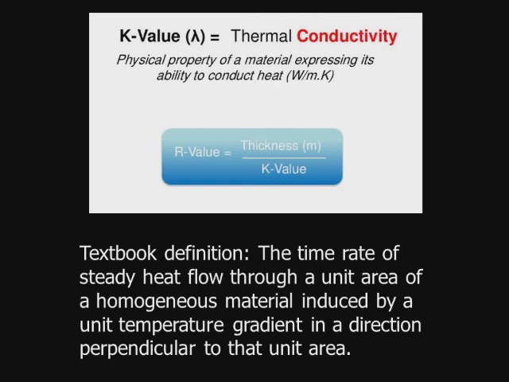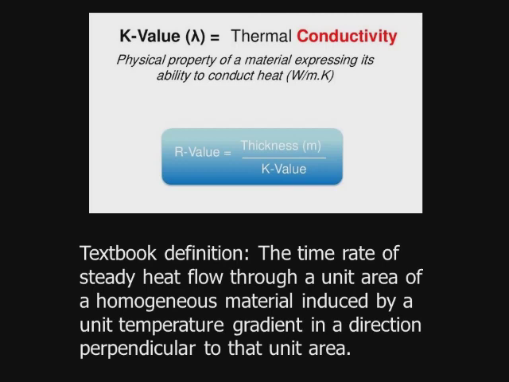Along with this is also what's called K factor. As a sidebar to K factor or K value, you also have C value, which I did not want to include here only because it just muddies up the water. But the bottom line is that the K factor is the time rate of steady heat flow through a unit area of a homogeneous material induced by a unit temperature gradient.